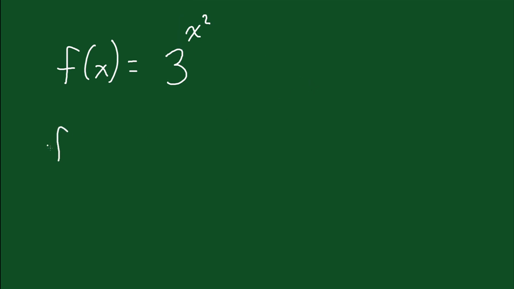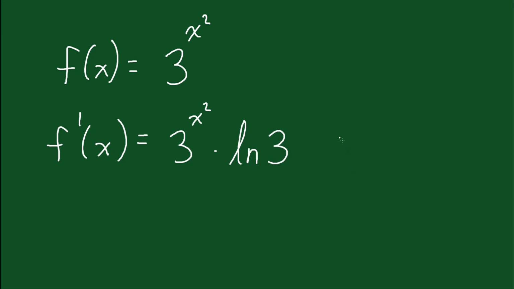So let's take the derivative, f prime of x is equal to, and we'll start with the exponential rule, right? The answer will simply be 3 to the exponent x squared multiplied by the natural logarithm of 3. However, it is not simply x in the exponent, so we must multiply all this by the derivative of that inside function, the function where x normally is.